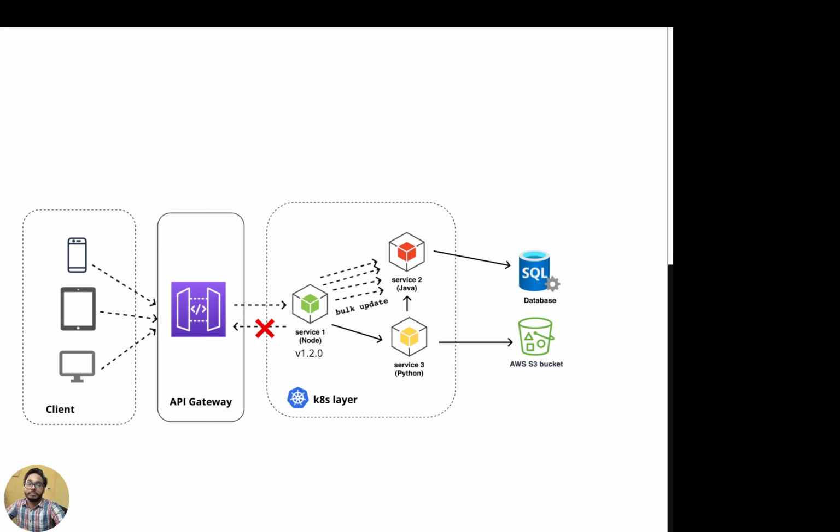Instead of doing a single update request from Node to the Java service, which is supposed to do CRUD operations on the DB, the Node service is now sending bulk updates to the Java service, which further delays the response time by increasing the load on database write operations and eventually fails the service, correct?